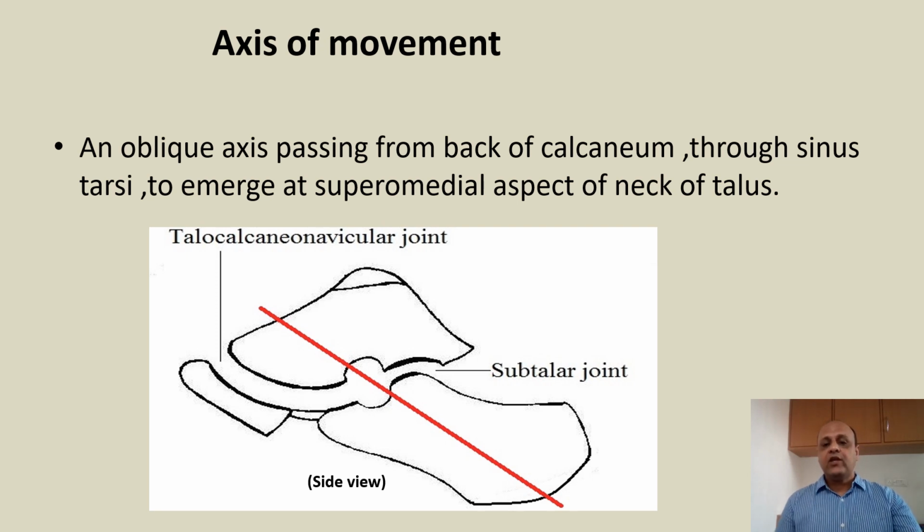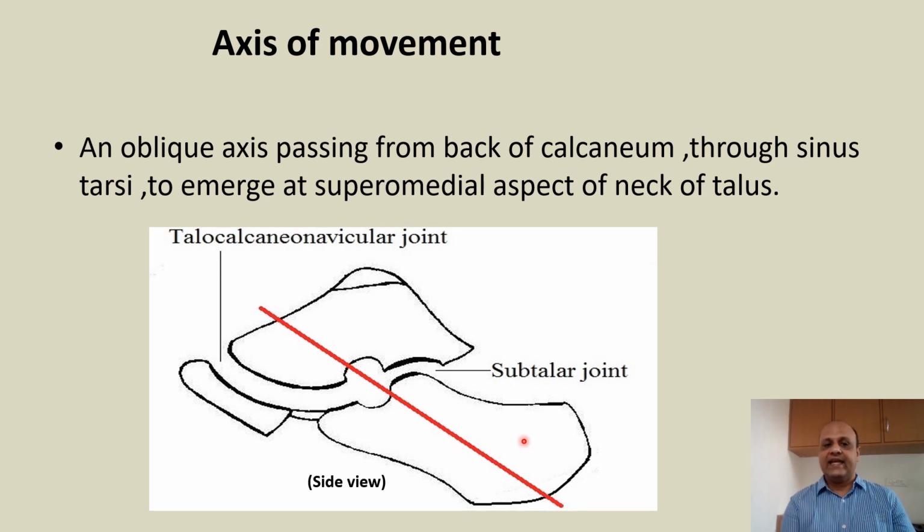Now, then you have to mention the axis of movement, that is the axis along which inversion and eversion takes place. So it is an oblique axis passing from back of calcaneum through sinus tarsi to emerge at superomedial aspect of neck of talus. So here in red, I have drawn the axis of inversion and eversion. So it is passing through back of calcaneum.